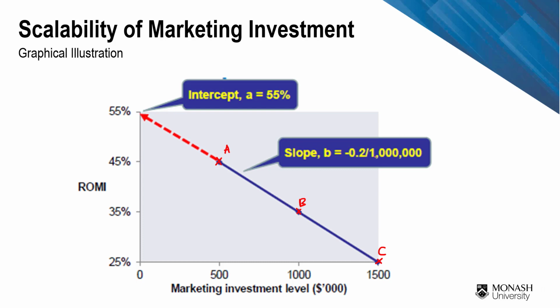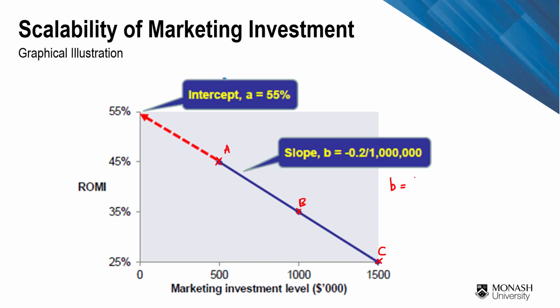Now, you don't need to know this, but I'm just going to show you how you are able to generate your slope. So your slope, which is B, I'm just going to write that B, is equal to, right? You can pick or you can pinpoint any 2 points, okay? You can pick A and B, you can pick A and C, you can pick B and C, it's up to you.